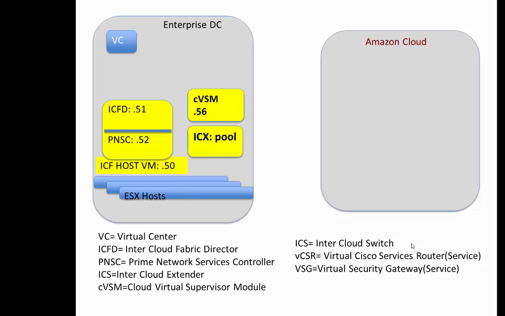And now we'll deploy the ICX, the Inter-Cloud Extender, through the cloud link to Amazon, and the IP address we will receive from the pool. The .51, .52, .56 you are seeing are the IP addresses for the infrastructure.